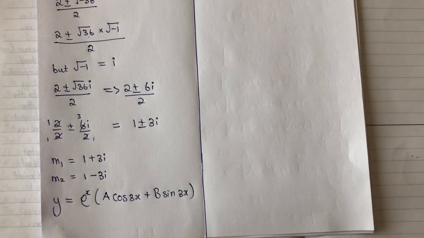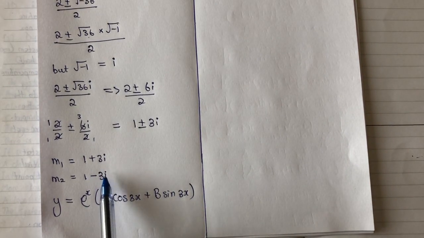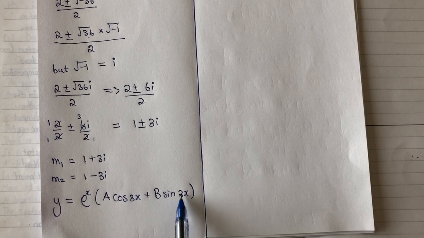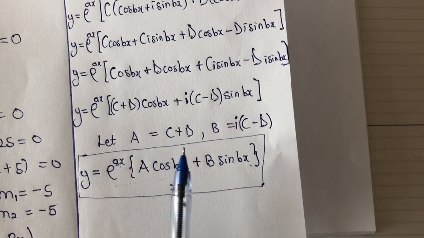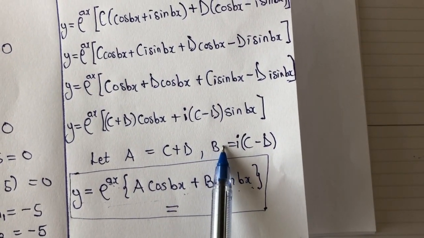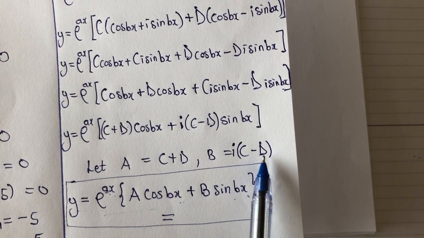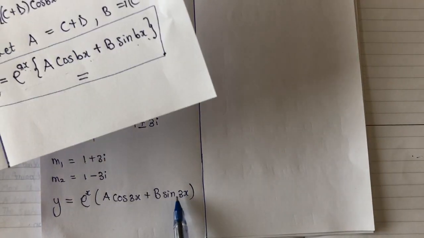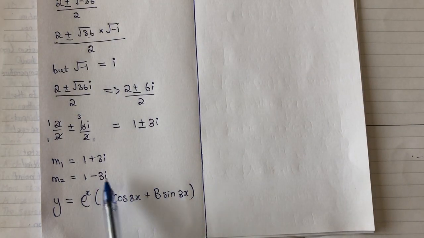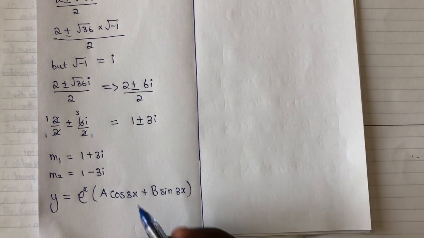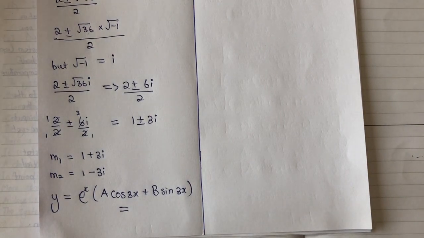You will be asking me, why is it that the i did not appear here? This formula has already taken care of the i. When you look at this one, you see that we represented b with i, c minus d. So there's no need for you to bring an i here. The i has already been taken care of by b, and this will be your solution for the complementary function.